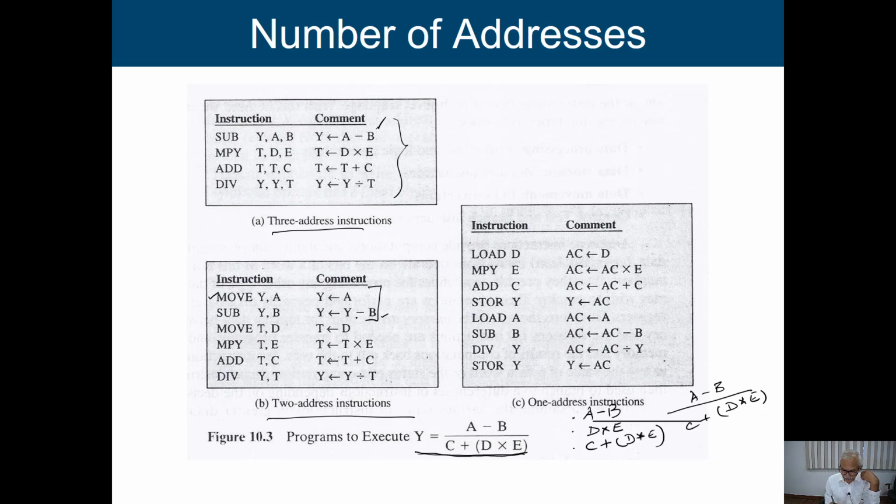Similarly, evaluating the second expression needs another 2 steps. Now we have the result in T, so add can be done in 1 step and divide in 1 step. So in total it requires 6 different steps.